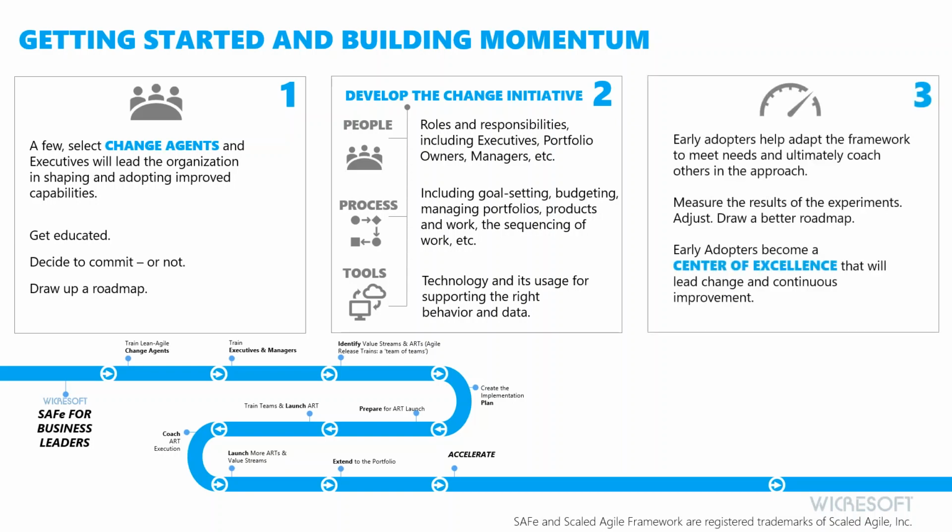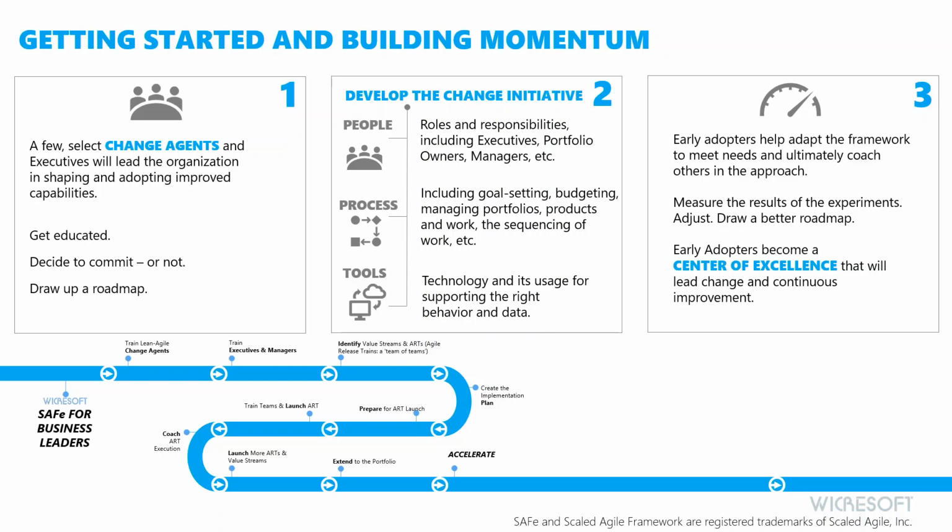And then once we've got a change initiative and a roadmap sketched out, and we do some education and get trained, what we want to do is not just train people.